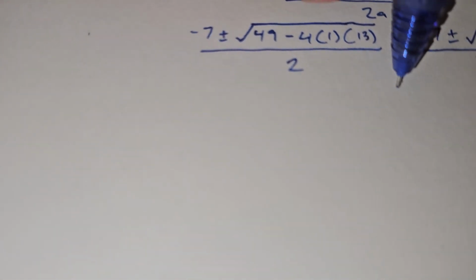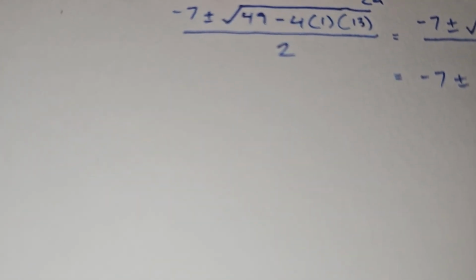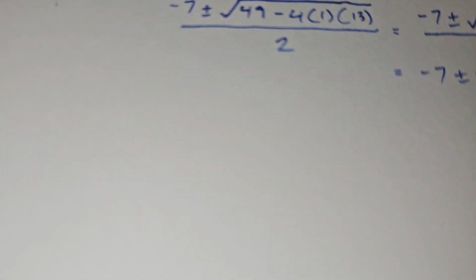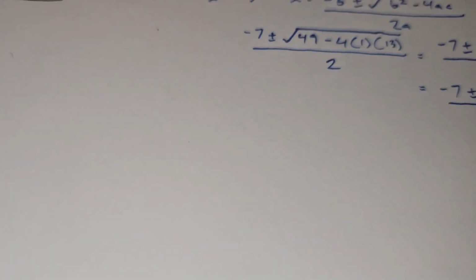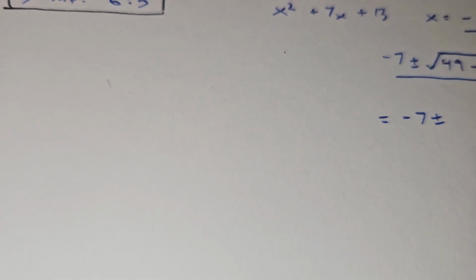So this is equal to -7 plus or minus, let's factor out a square root of -1 from the -3, which just leaves us a 3, divided by 2. And this equals -7 plus or minus i times the square root of 3, divided by 2.